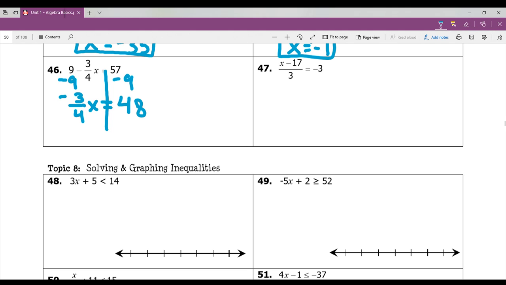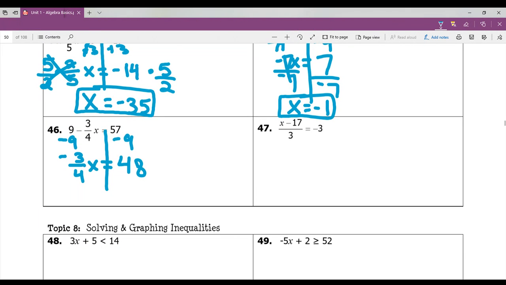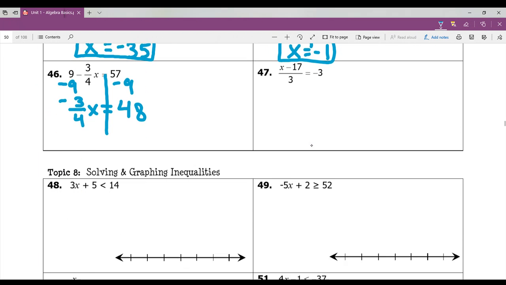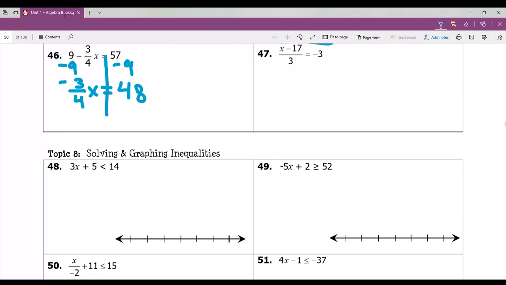Yeah, 48. Now, notice I have a fraction as my coefficient. I'm going to do the same thing I did up here on number 44. I'm going to multiply by the reciprocal of negative 3/4. So multiply, multiply. The negative stays, and we flip the fraction. That's gone.